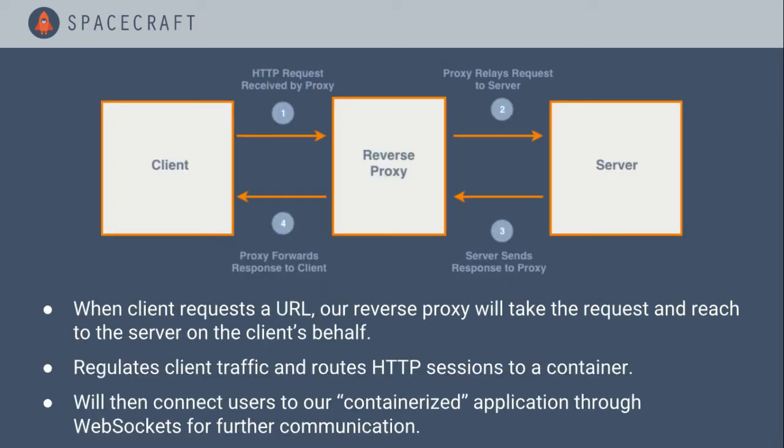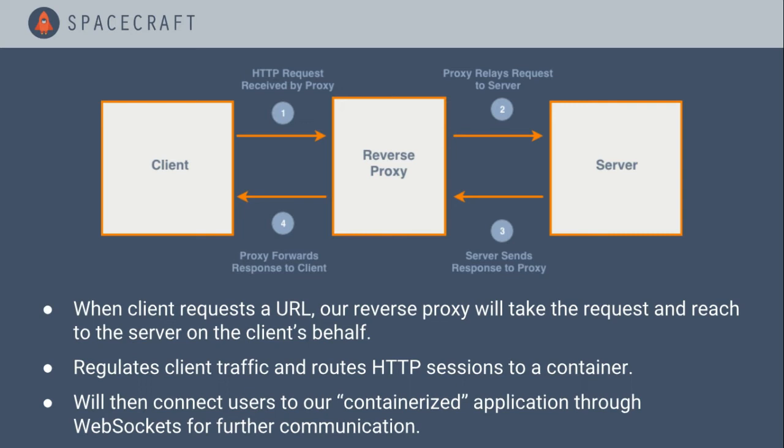This is a simple diagram to illustrate how this all works. First of all, the client is going to send an HTTP request to a proxy, and the proxy will receive the request and then read that URL and say, okay, we'll forward you to this particular container.